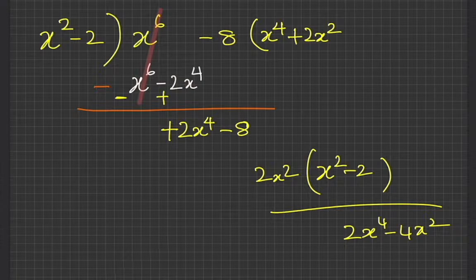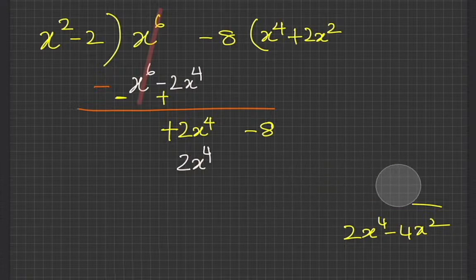I have 2x to the power 4. And I have negative 2 times 2, which is 4, so 4x to the power 2.